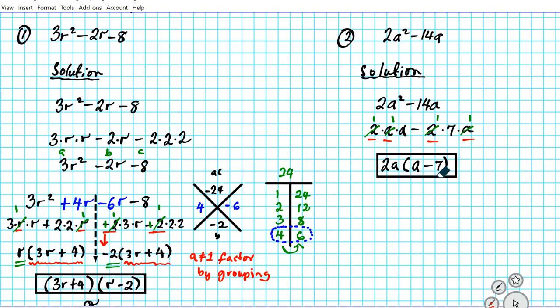If you look at the quantity in the parentheses, it is a linear binomial with no common factors. That's the simplest form you can achieve. And then you have this monomial right here. So this is a complete factorization of problem number 2.